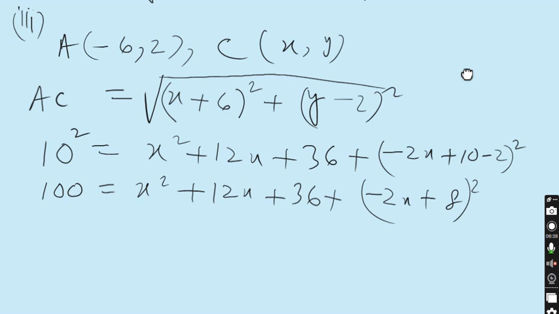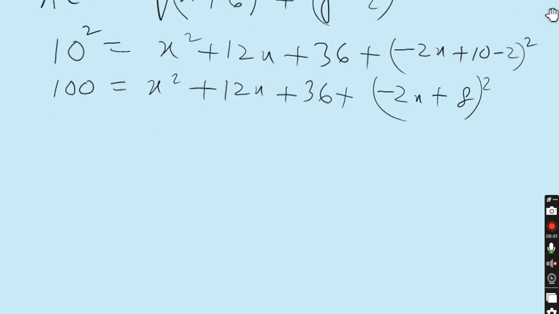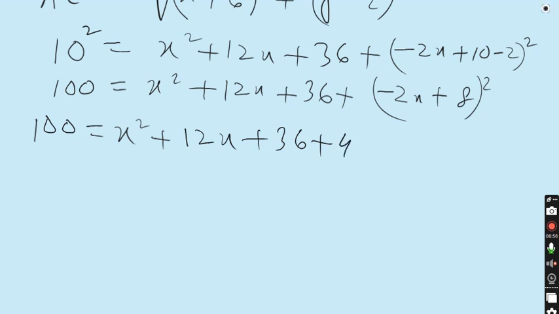Now 100 = x square + 12x + 36 plus, expand this: -2x square is 4x square, 2 times 4 is 8, 4 times 8 is 32x, 8 square is 64.